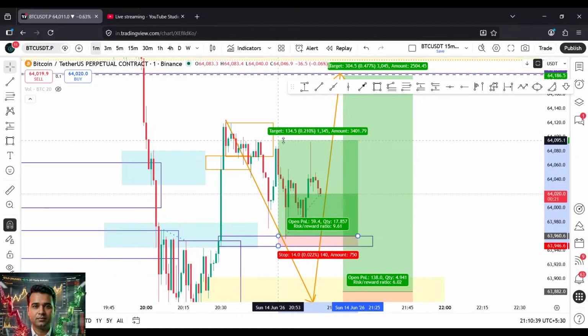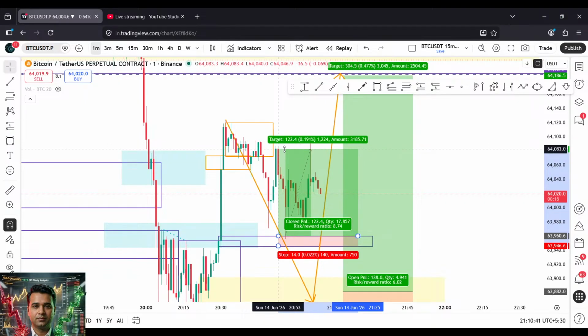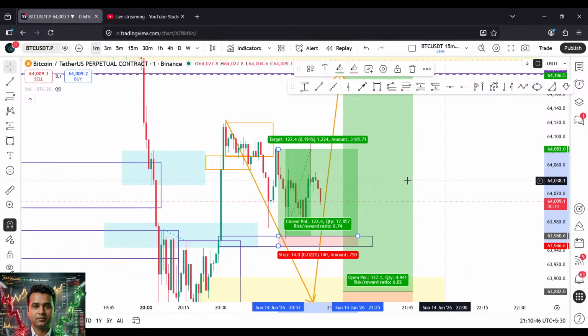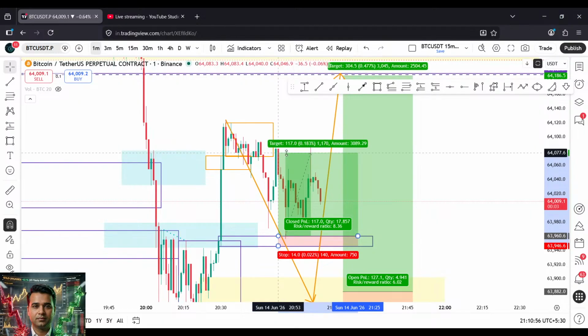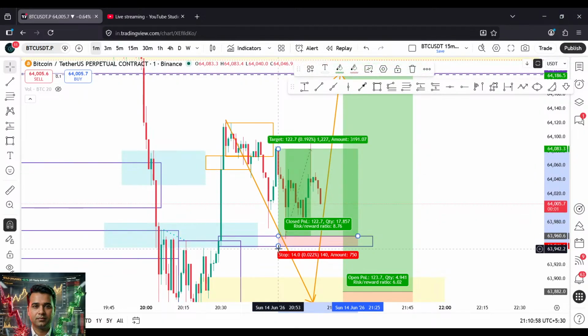Here was 1:8. High risk, high reward trade, you can say 1:8 from here to here, from where the price came. It hit, goes up again.